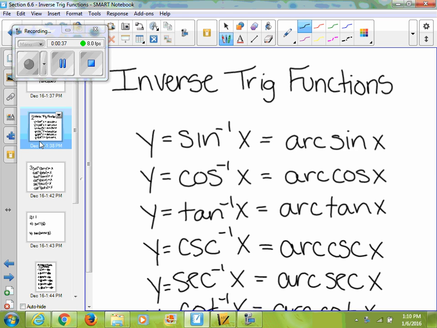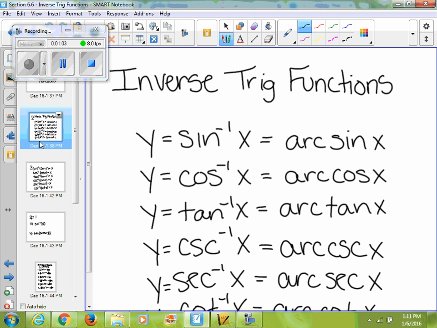So anytime we want to represent an inverse trig function, we denote it using a little exponent of -1. So it'd be like sine^-1 x is actually the inverse sine of x, or it's also written as the arc sine of x. And that goes for all of the 6 different trig functions.